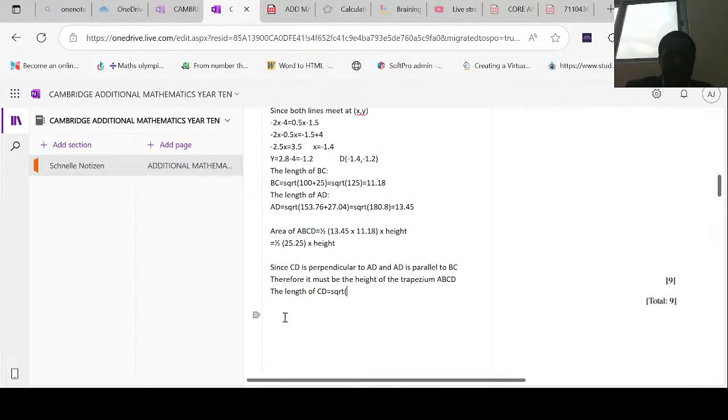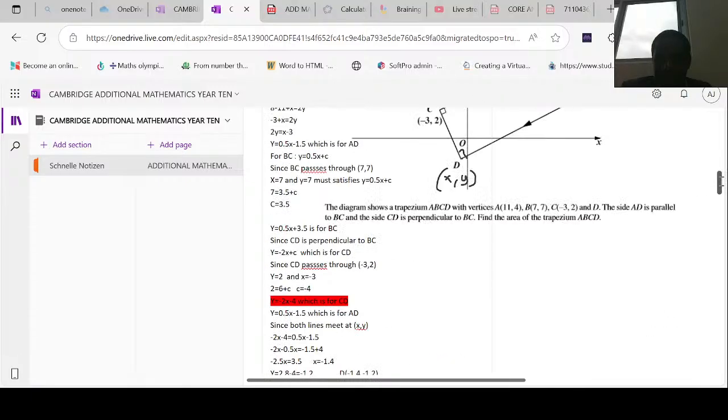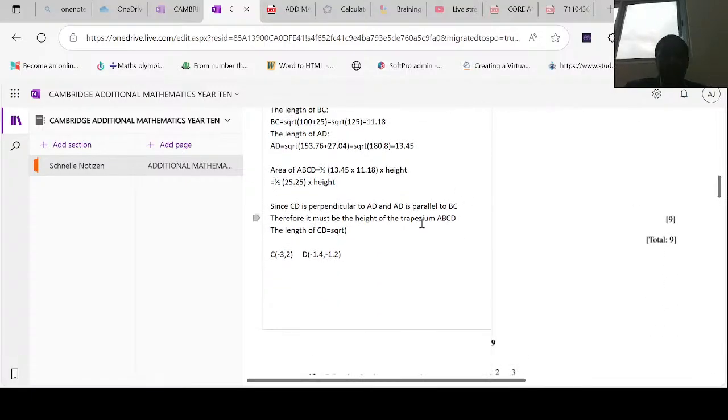Let me just bring it down here so that you see. C is what? Is it 3, 2 or negative 3, 2? And D is negative, because we need our coordinates, right? Negative 1.4, comma, negative 1.2. Do you see that? Let me go up again. Yeah, C is negative 3, 2.